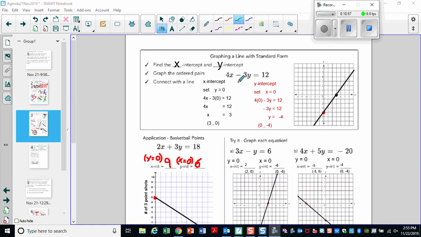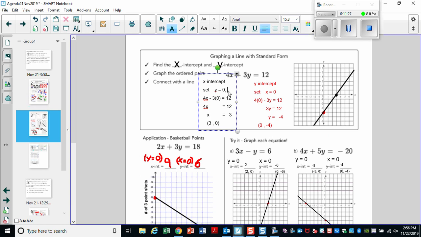Now, let's say you're given standard form. You have a coefficient for A and B, and your result is usually an integer. So for the x-intercept, you set y equal to 0, and then you plug in 0 for y and just solve for x.